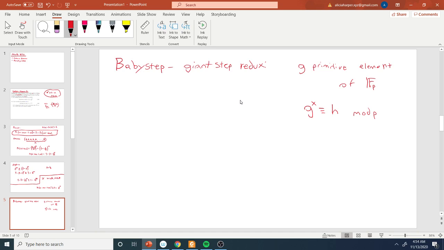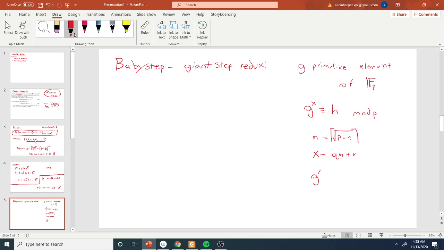What you do is you set little n, let me differentiate that because it looks too much like an h, to be equal to the ceiling of the square root of p minus 1, and you try to find x by writing x as q times little n plus r.